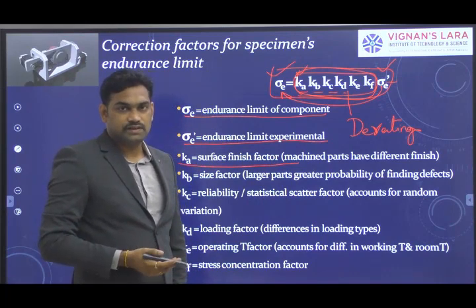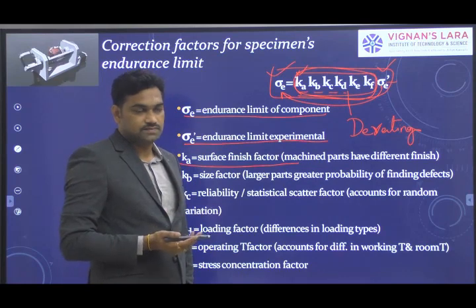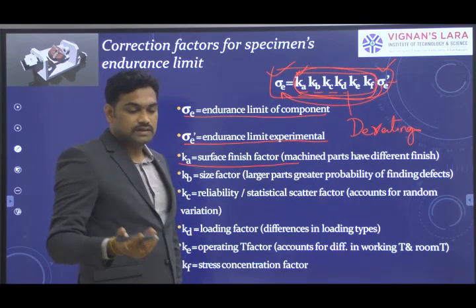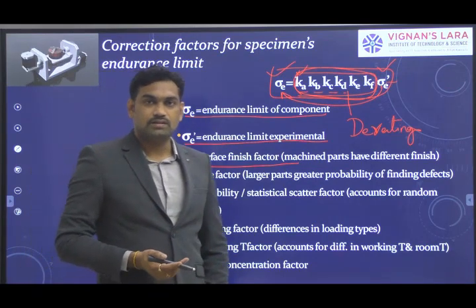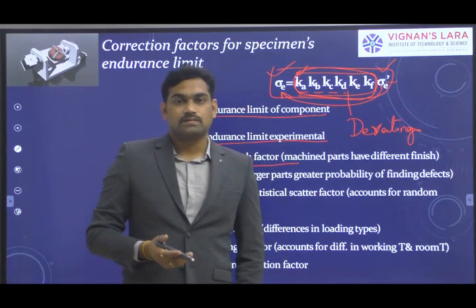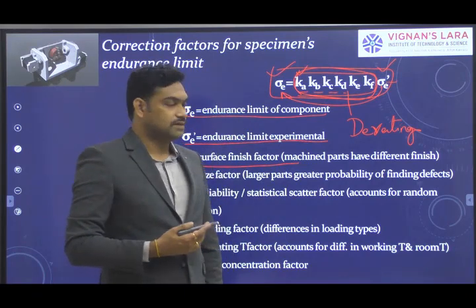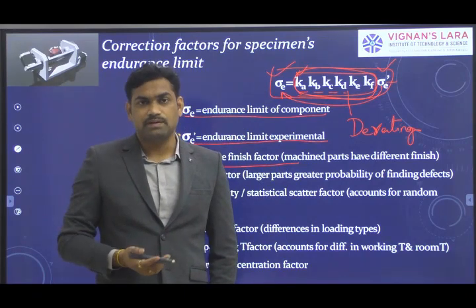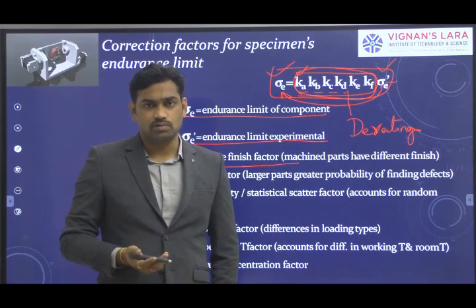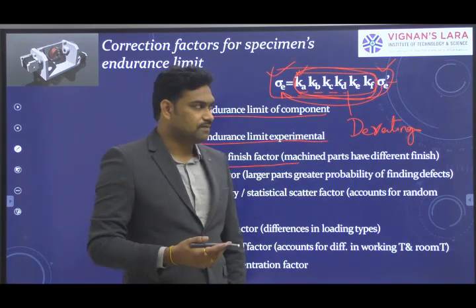If you have the maximum surface finish, a mirror fine surface finish, we take it as 1. With the increase of ultimate strength, it also varies with the surface roughness values, for different types of surfaces: machined surface, ground surface, rolled surface, or mirror fine surface finish.